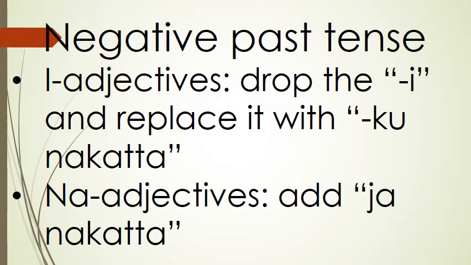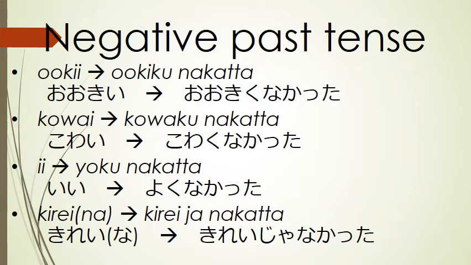And finally, we have negative past tense. For i-adjectives, we would drop the i from the end and replace it with kunakatta. And for na-adjectives, we would drop the na from the end and replace it with janakatta. So, ooki would become ookikunakatta. Kowai would become kowakunakatta.